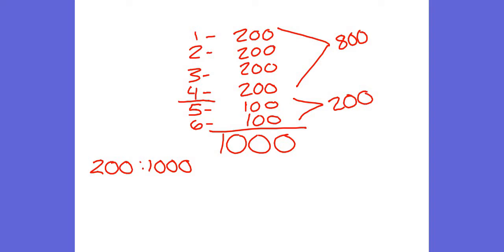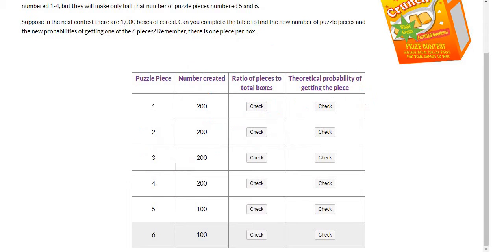Yes, it can simplify to 2/10, but it can simplify more to what? 1 to 5. So the ratio of pieces to total boxes would be 1 to 5. What about puzzle piece 2? Do I have to do different math or is it the same? It's the same.